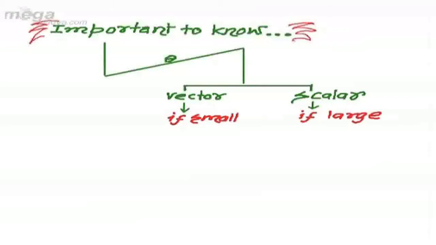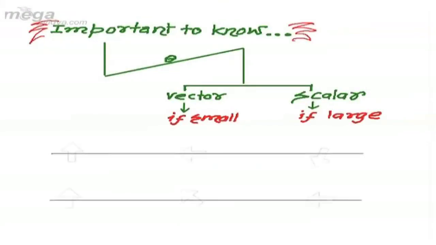We can take a very interesting example to understand this fact. See, this arrow is presently in the plane of this board and is pointing vertically upward.